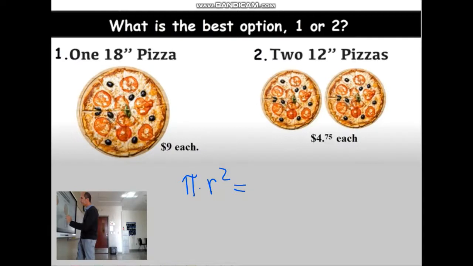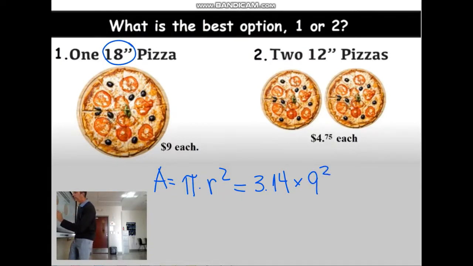For option number 1, you will have pi, 3.14 approximately, times the radius, which is half the diameter, 9 squared, which is approximately 255 inches squared.